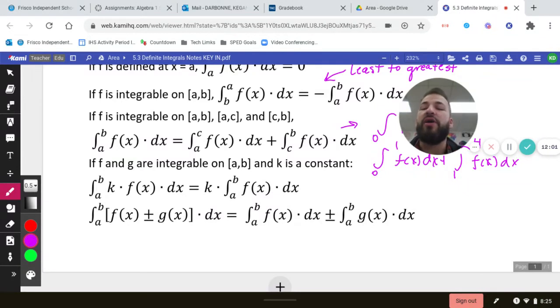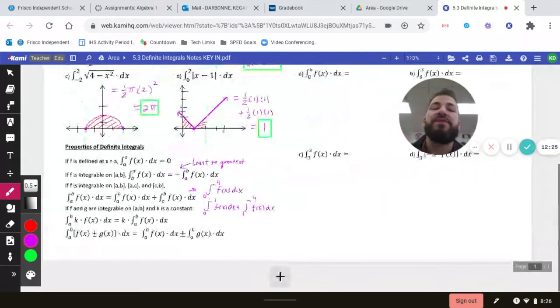And then if I have the integral of two functions being added or subtracted, I can split it into two separate integrals of both of those functions still being added or subtracted. So that's kind of like our constant multiple rule with derivatives and our sum difference rule with derivatives. They're the exact same idea, that I'm going to ignore constants and then I'm going to keep addition and subtraction the same and integrate each function separately. Okay, so let's actually put these into practice a bit.